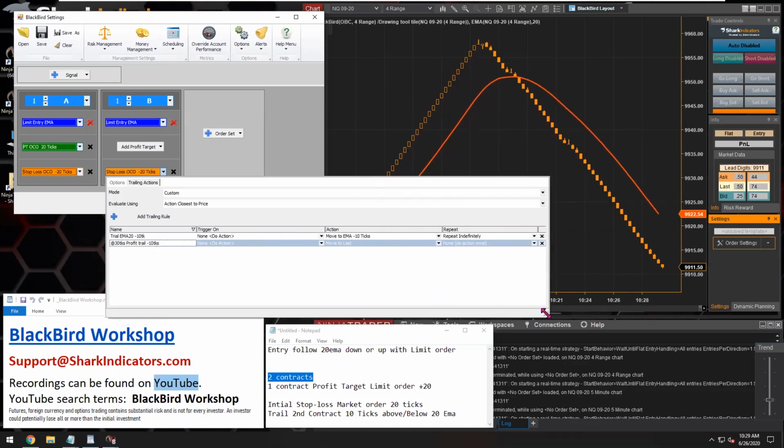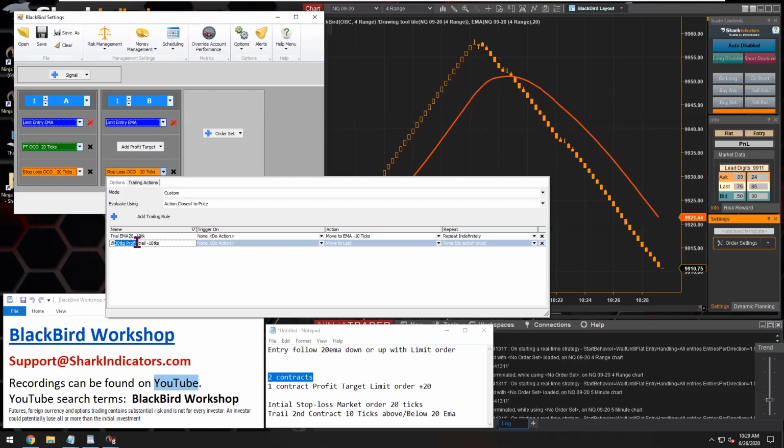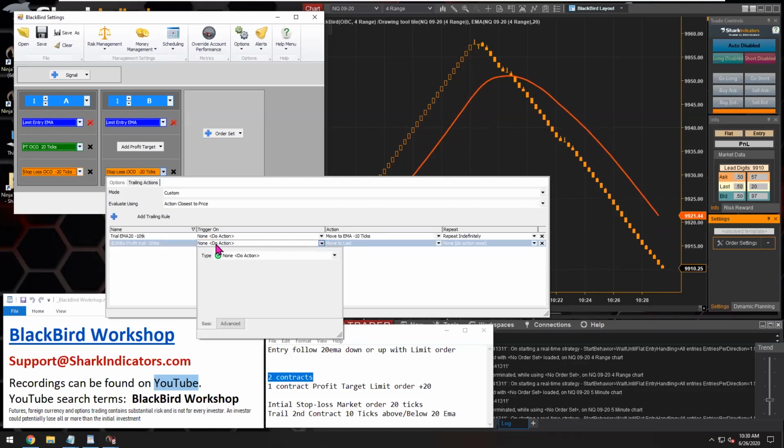There. All right. So the key here is that we're waiting for 30 ticks of profit before using this 10 tick trailing rule. So now we actually need to use a trigger here.